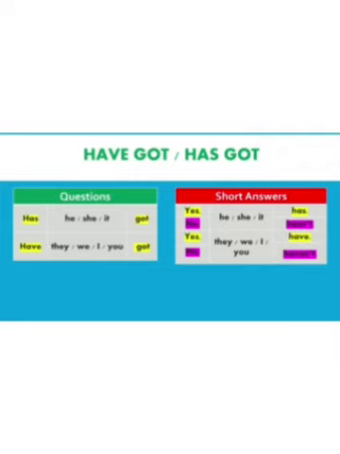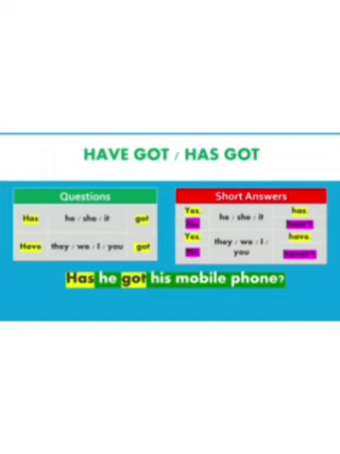Okay, I'm going to show you some sample sentences so that it will be easier for you to write later on. I will start with one question. Has he got his mobile phone? Which table should I refer to? The green one or the red one? Definitely it's the green one because I'm asking questions. So we try to look at the highlighted words there.